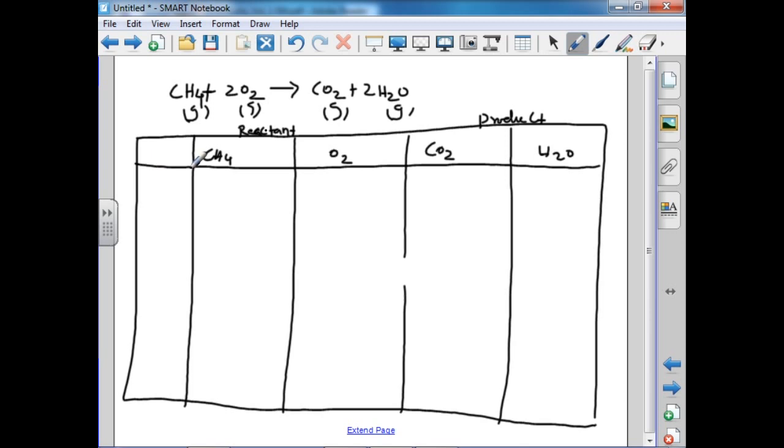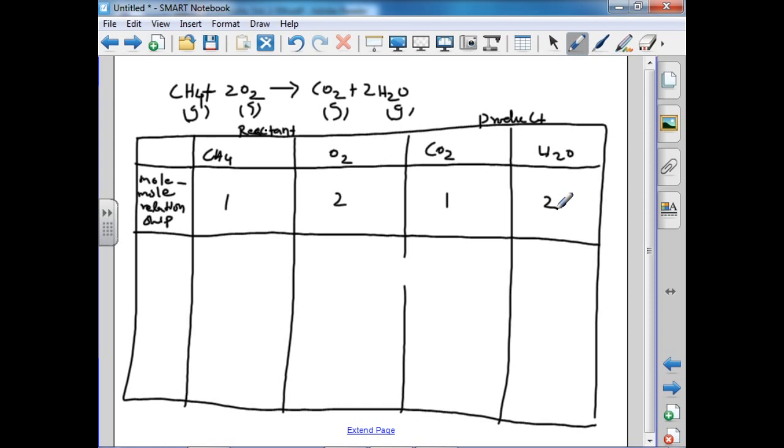The first one is mole-mole relationship. Number of moles of methane 1, number of moles of oxygen 2, number of moles of carbon dioxide 1, number of moles of water 2.